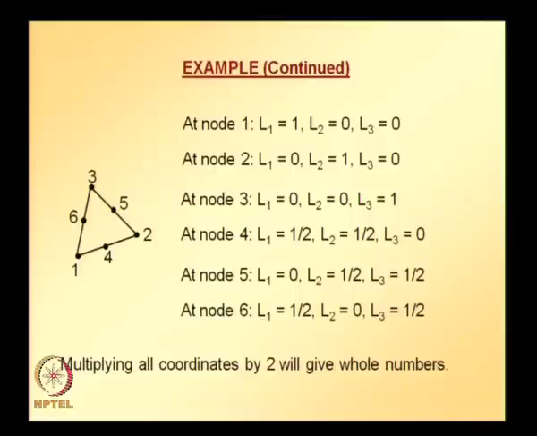For node 1, you multiply L1 with 2, L2 with 2, L3 with 2, so we get L1 equal to 2, L2 equal to 0, L3 equal to 0. Similarly, for node 4, L1 is half, so multiplying with 2 we get L1 equal to 1, L2 equal to 1, L3 equal to 0.